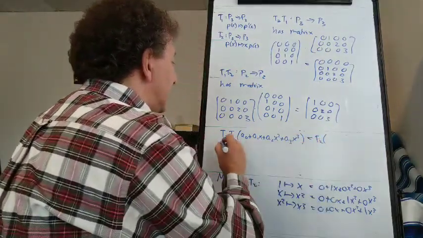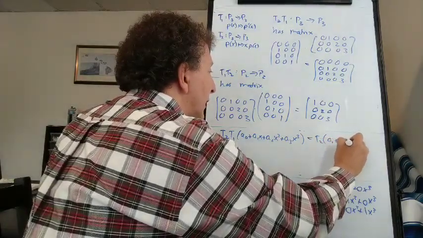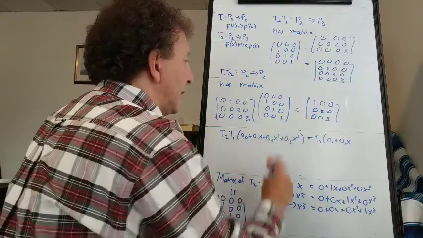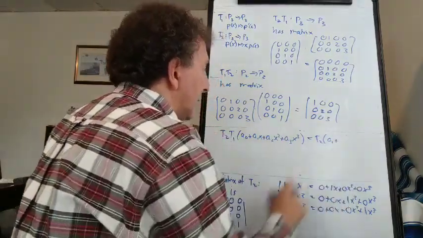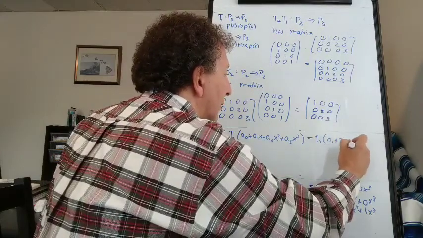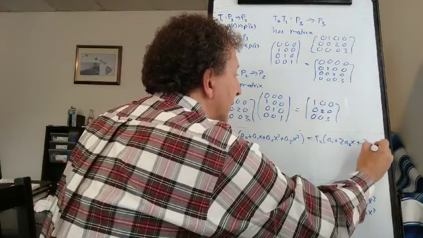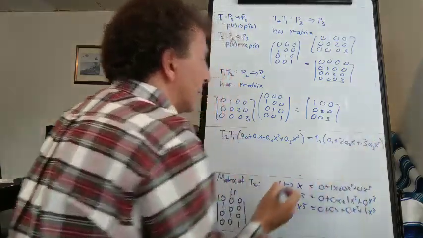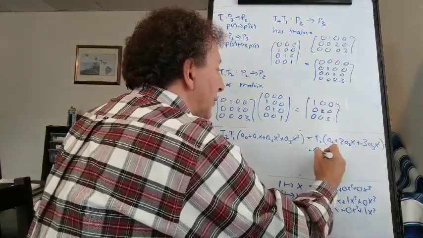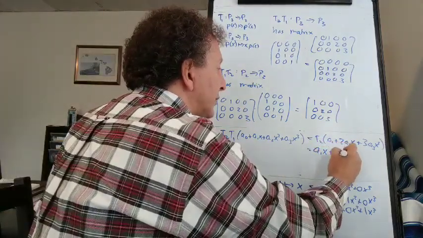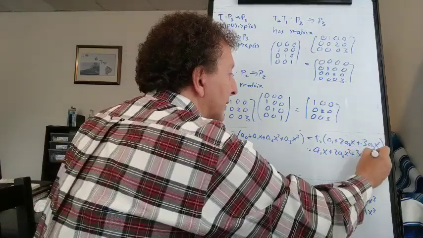So we've got T2 of A1 plus 2A2x, plus 3A3x squared. And then T2 multiplies that by x, so we've got A1x plus 2A2x squared plus 3A3x cubed.